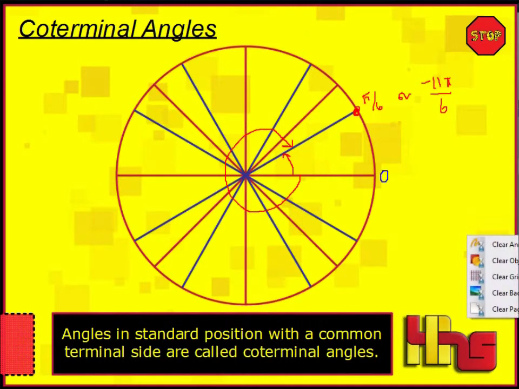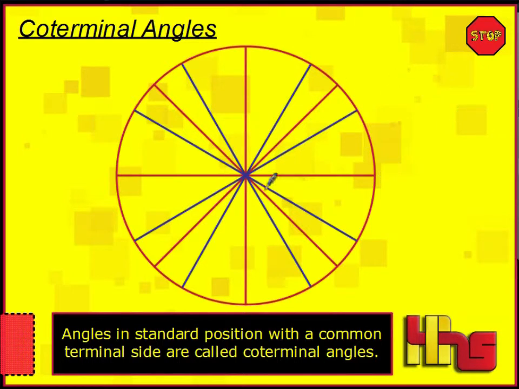We'll try another one. Let's say I want negative 3 pi over 4. Right away, you're probably thinking, well, that's a positive angle. That is, let's see, that's going to be 5 pi over 4. We can even go one further. We can find as many as you want.